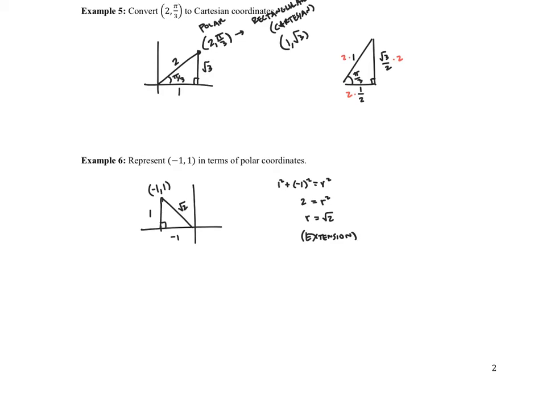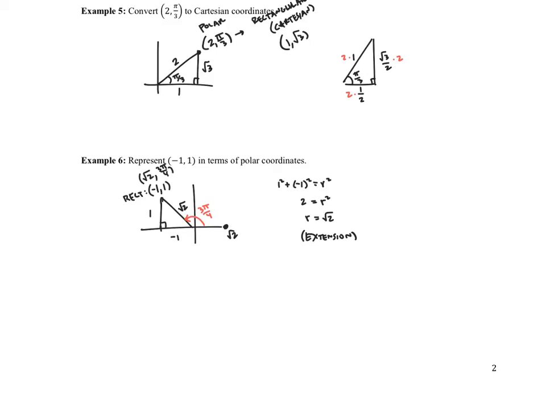Then my rotation, of course, if I extend √2, then my rotation will be larger than 90 degrees, right? This will end up being 3 pi over 4. So one polar representation of this rectangular Cartesian point would be √2, 3 pi over 4.